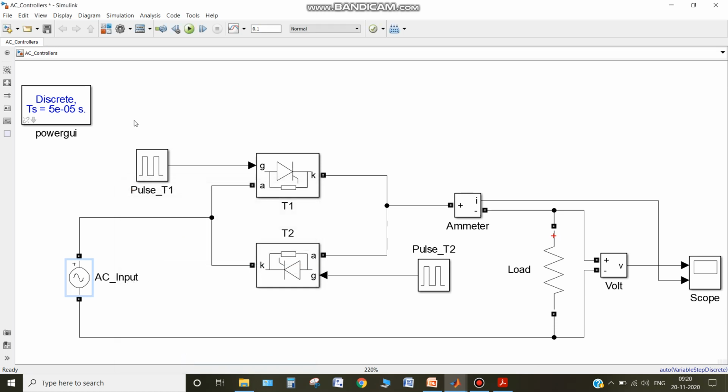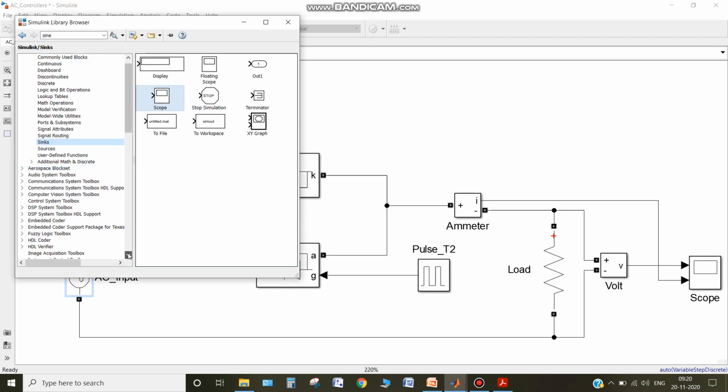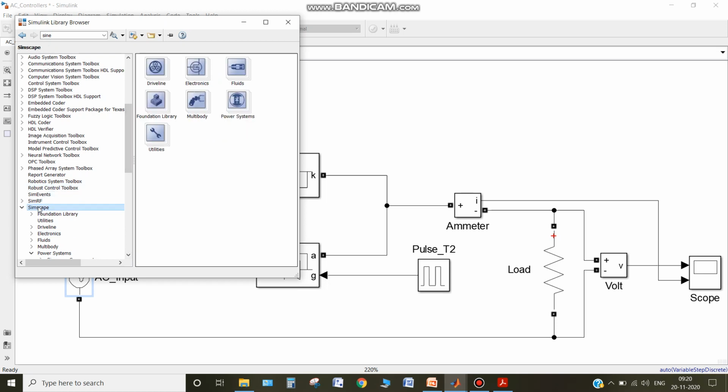Now these are the thyristors. These two thyristors, T1 and T2, we have selected from the power electronics library in the simulation. In the 2016 library, the components are in Simscape.